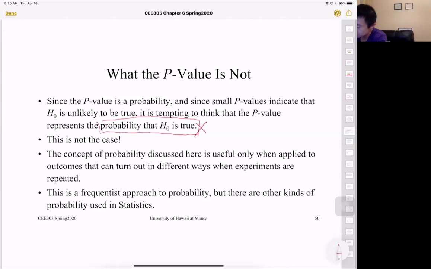The p-value is actually the probability of observing, for this example, a sample mean of a certain value under the null distribution.